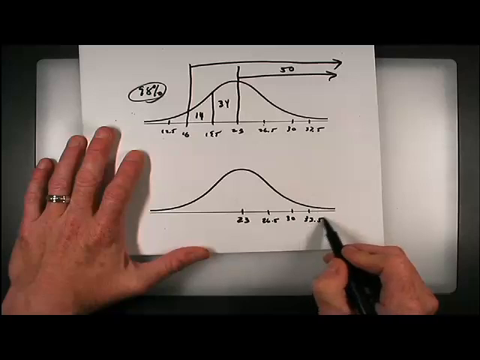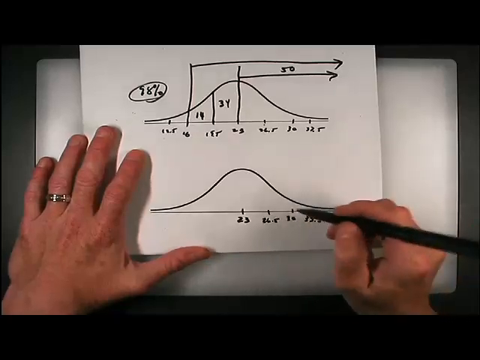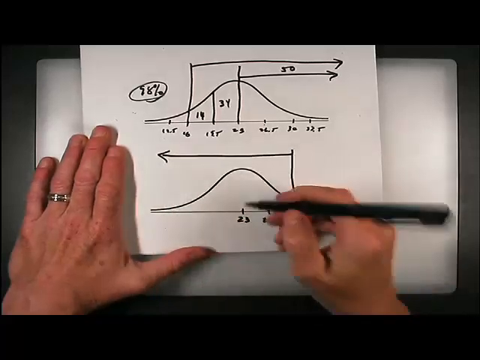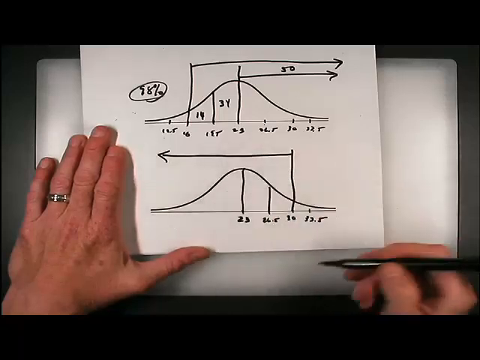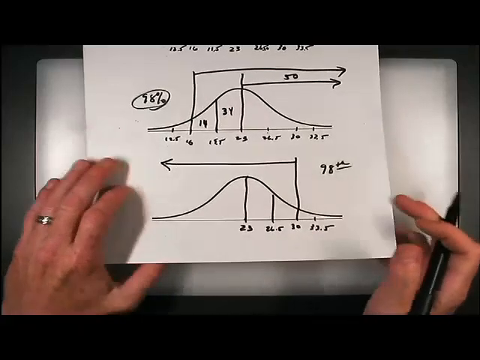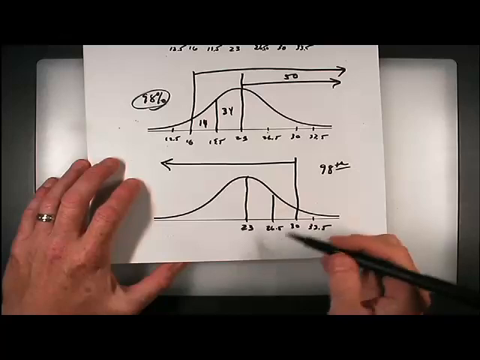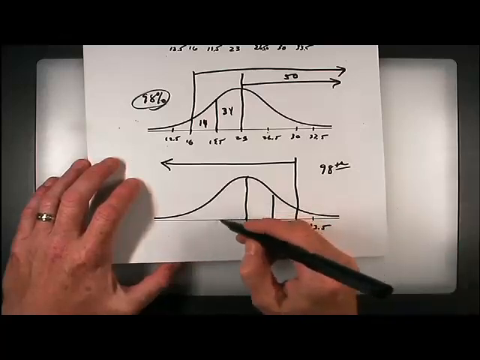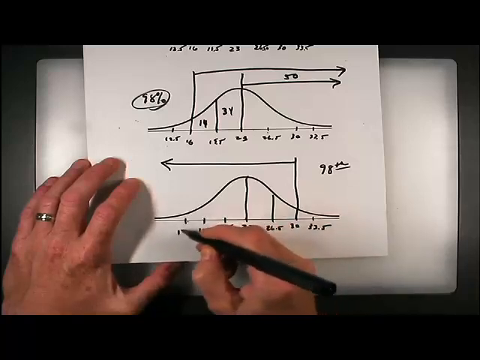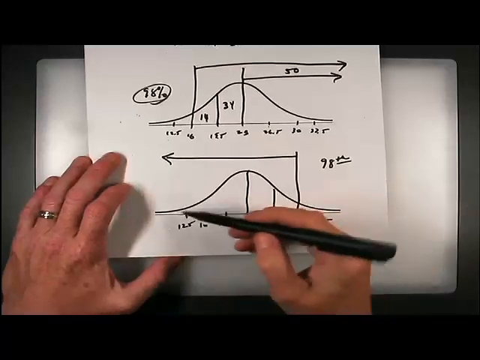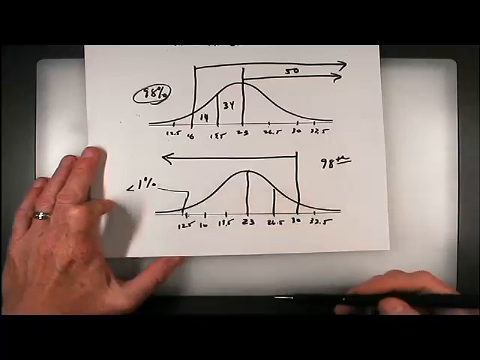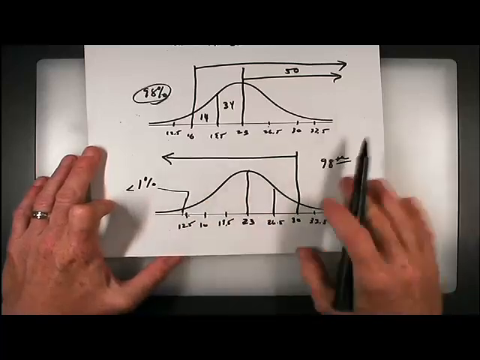So a car that sold for $30,000 is at the 98th percentile. What about 12,000? I would say less than 1%. Less than 1% of cars are sold at that price.